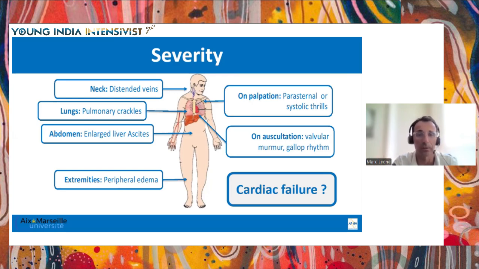You can do that only with your hand and your stethoscope, and you don't need a lot of materials to do that. That's free. There is no cost, and you can really assess the severity of this patient from this side.